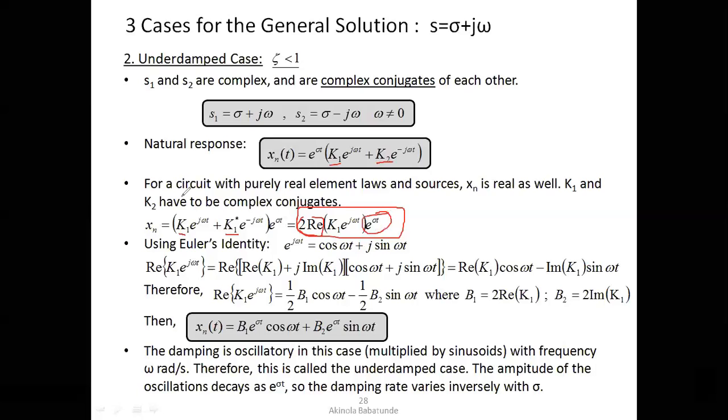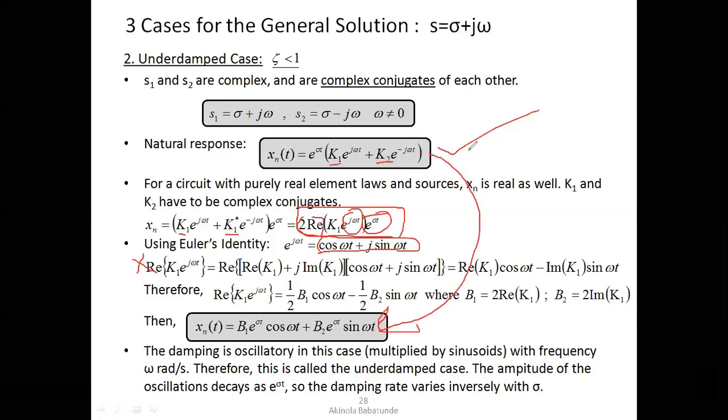If you have it like this, according to some mathematical explanations, some of you are familiar with Euler's identity and so on. If you replace this ejwt here, according to Euler, ejwt is equal to cos wt plus j sine wt. So we have a natural response, which is this, and if we have a situation where k1 is equal to k2, this can be transformed into this particular equation.